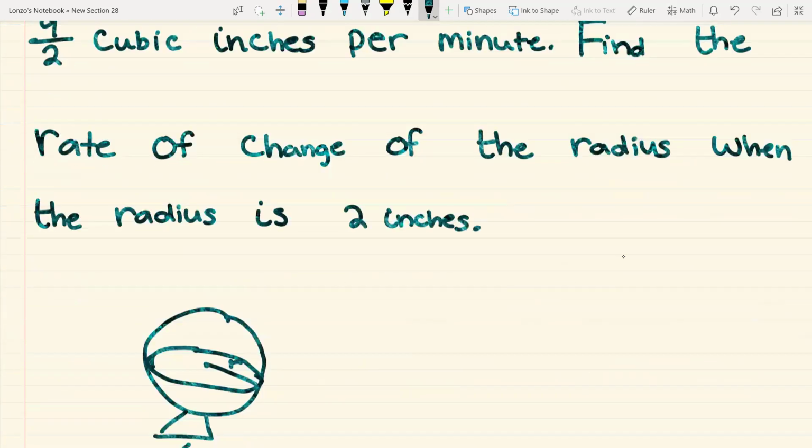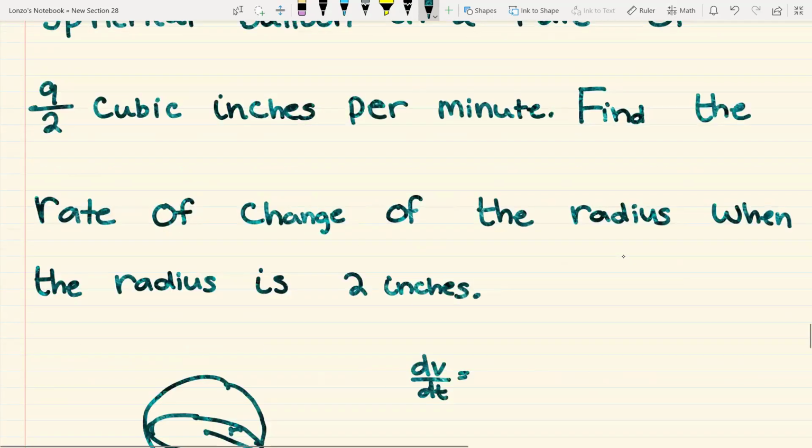That would be our dV dt, 9/2 cubic inches per minute. Cubic is the same thing as inches cubed per minute. So keep our units, we need our units. They don't go away.